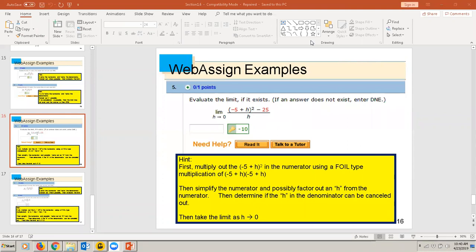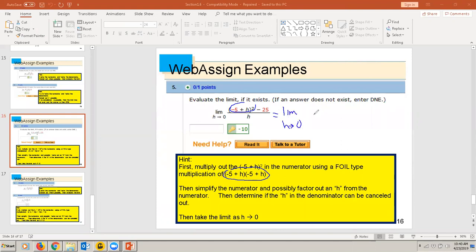Well, to do that, let me multiply out the numerator. So when you see -5 plus h squared, really think of that as a FOIL multiplication. So I'm going to multiply it out as -5 plus h times -5 plus h.